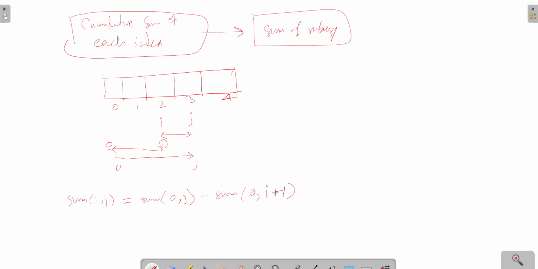Well, minus 1 here is an important detail because we want to subtract all that is before I. That's why we are subtracting from I minus 1 and not I.